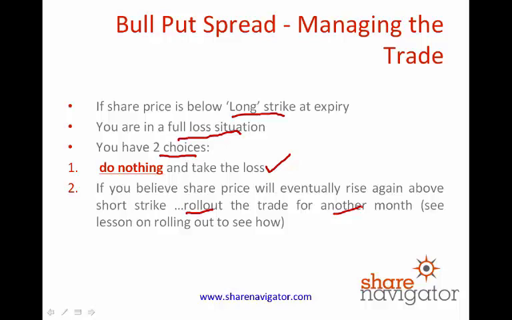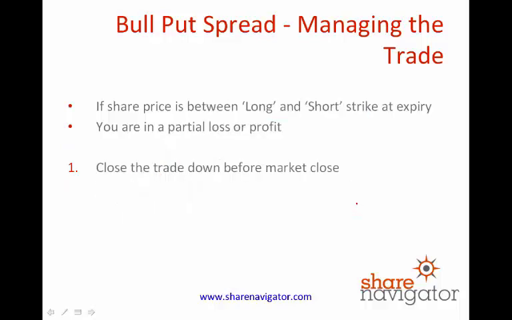How you actually deal with the situation depends on what your outlook for the stock is in this particular scenario here. And then finally, if the share price is trading between your long strike and your short strike at expiry, you're either in a partial loss or a partial profit position.